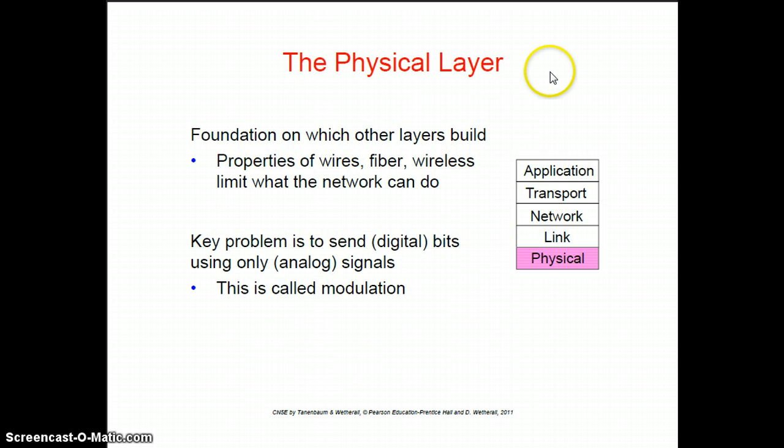Let's start with the physical layer, which is the foundation on which other layers build. The properties of wire, fiber, and wireless limit what the network can do.